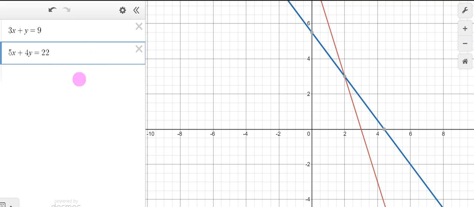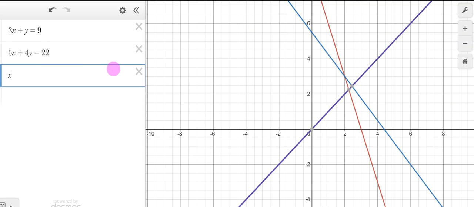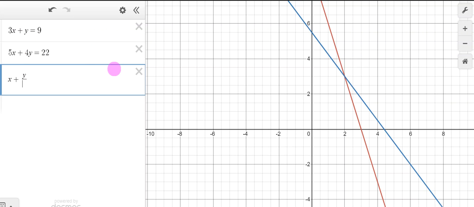Taylor? Divide by 3. Which one? Divide the top one by 3. Yeah, I could do that. So that would make the top one x plus y divided by 3 equals 3.